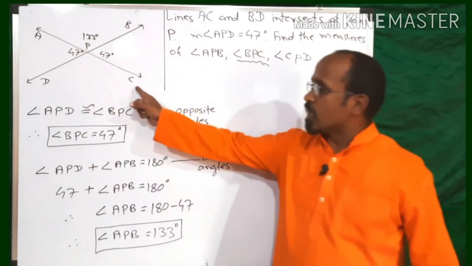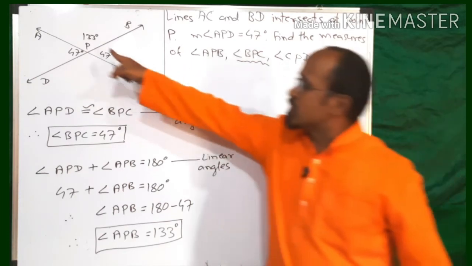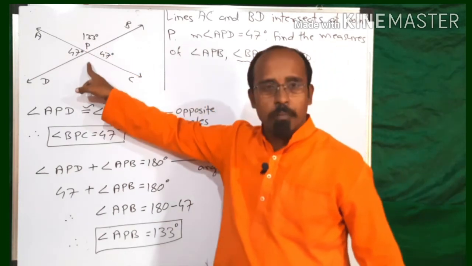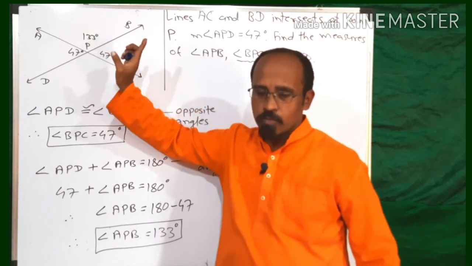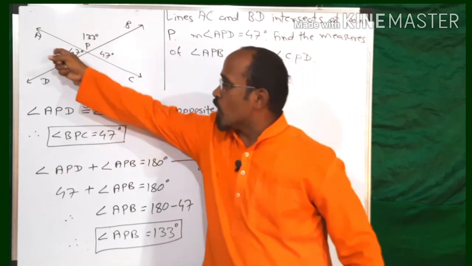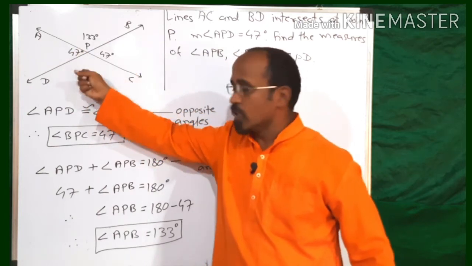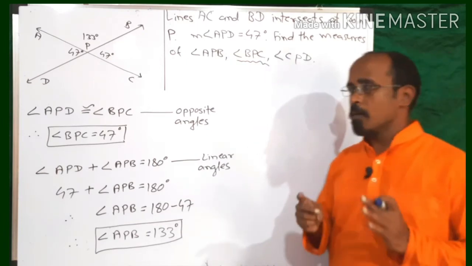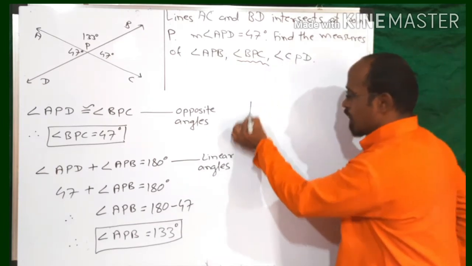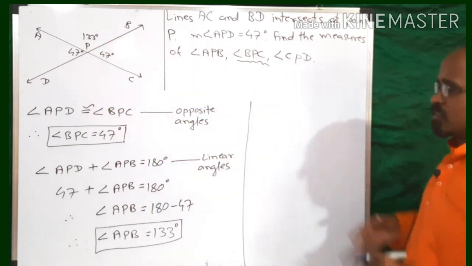Now what about this angle CPD? CPD and APB are vertically opposite, so directly you can write these two angles are congruent and 133 degrees, or these two are linear, so 133, these two are linear, so 133. You can use any style which you are comfortable with, but I am going to tell you the shortest one: these two angles are vertically opposite, hence they are congruent.